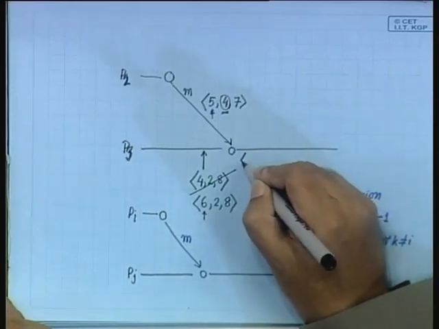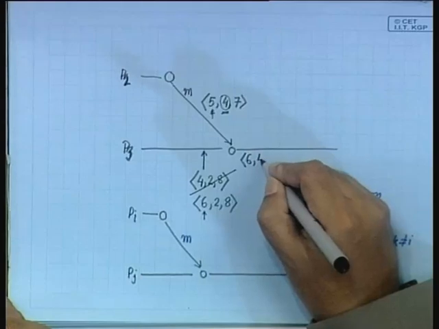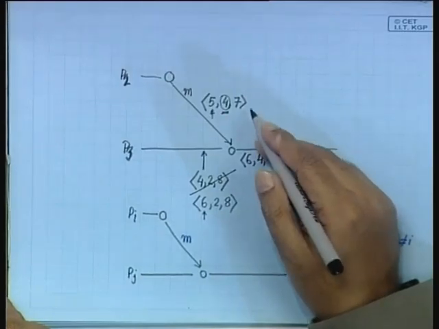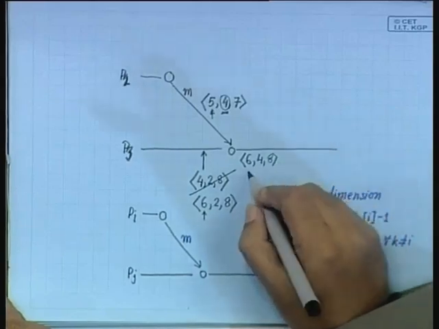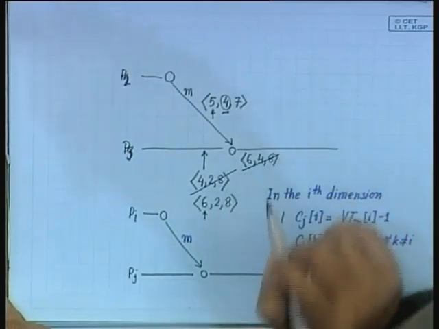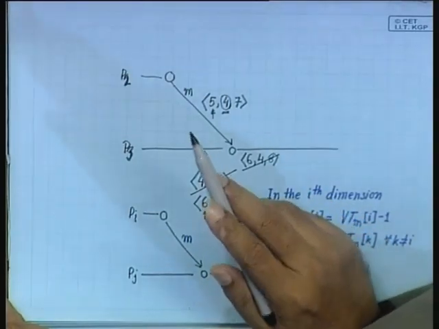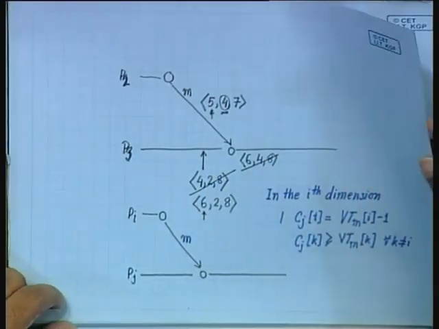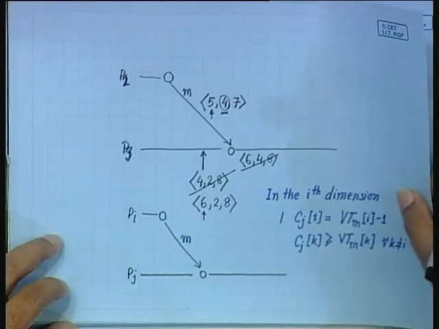So, max of all the dimensions will be 6, 4, 8, but see, we will not deliver it right now. So, this updation will not happen right now. When will it happen? When the message m is delivered at j, then we will update Cj.